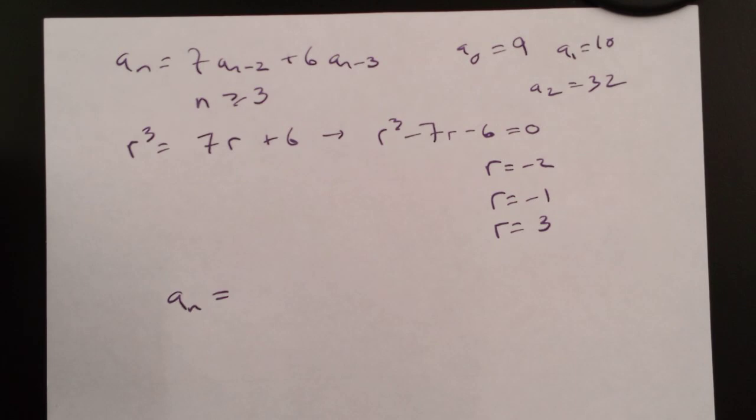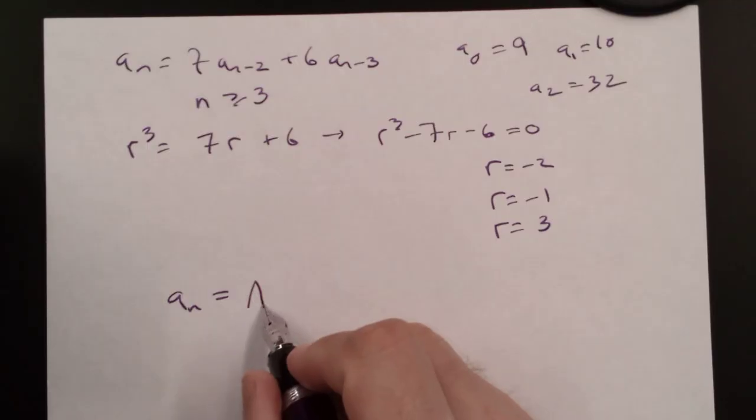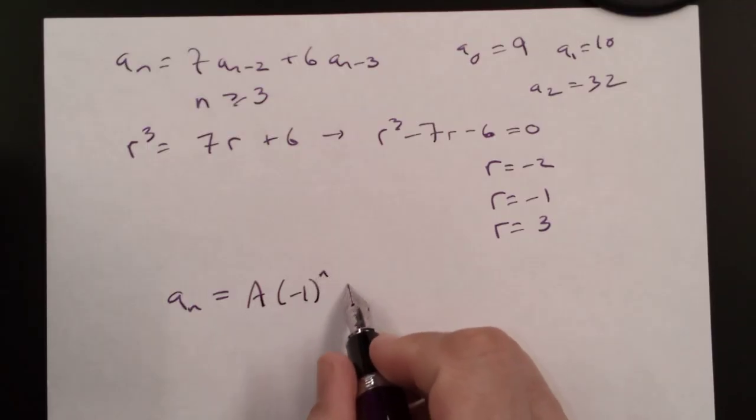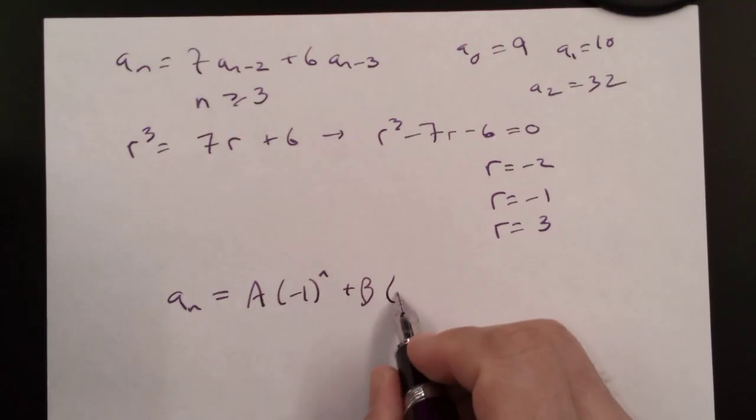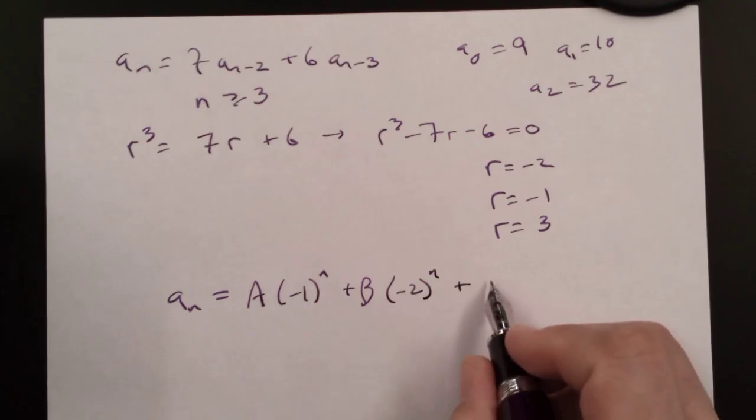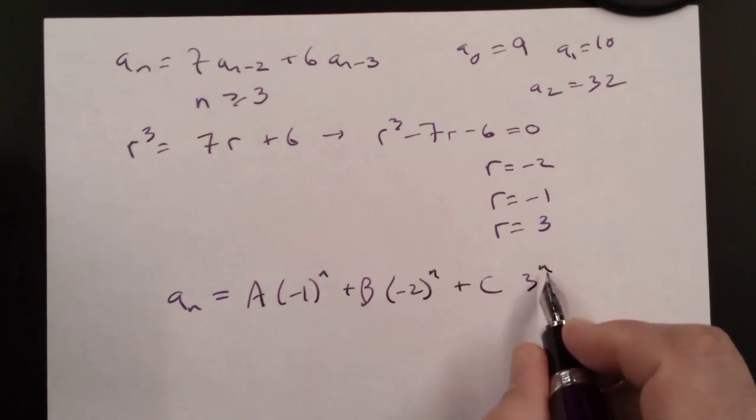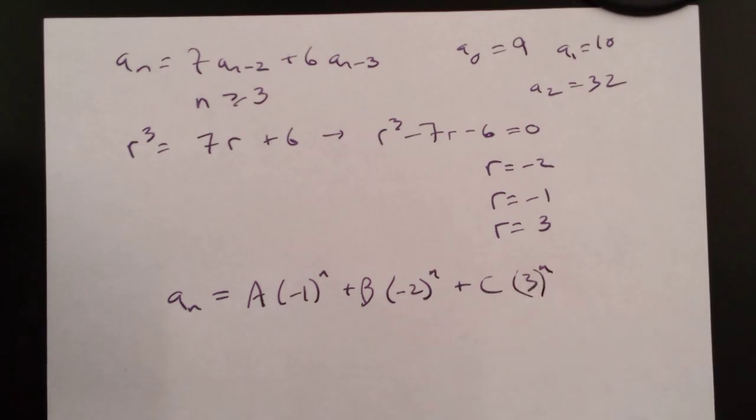By the way, you don't have to use alphas. You can use whatever letters you want there. I just don't want to use r, because I already spoke for that one. But my three roots are -1, -2, and 3. So I'm going to write something times -1 to the n, and something times -2 to the n, and something times 3 to the n. Just like I did with 2 of them. Just now I have 3 of them.